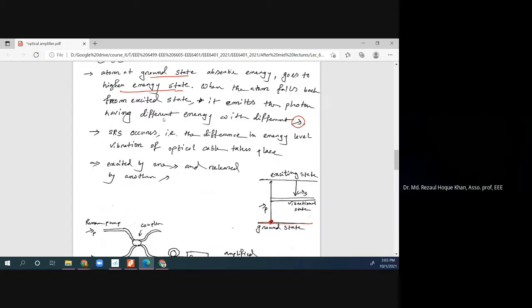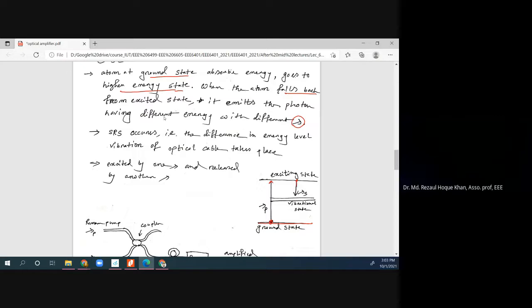This atom will go to the exciting state, the higher energy state. When the atom falls back from that state, it emits a photon of different energy.